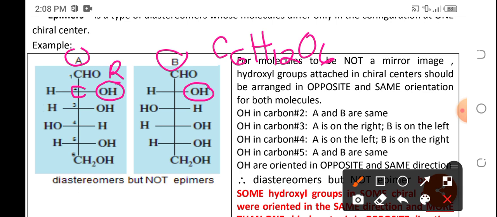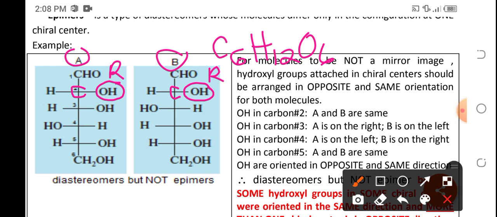And for this chiral center on molecule B, nasa right din. Okay, so hindi sila opposite. For stereoisomers, meron ng the same orientation. So this is a mixture of same and opposite orientation. Kung kanina sa enantiomer, all are in opposite orientation, for diastereomer will have same and opposite. Okay? And for particular pag sinabi namang epimer, meron siyang same at isa lang yung opposite niya.